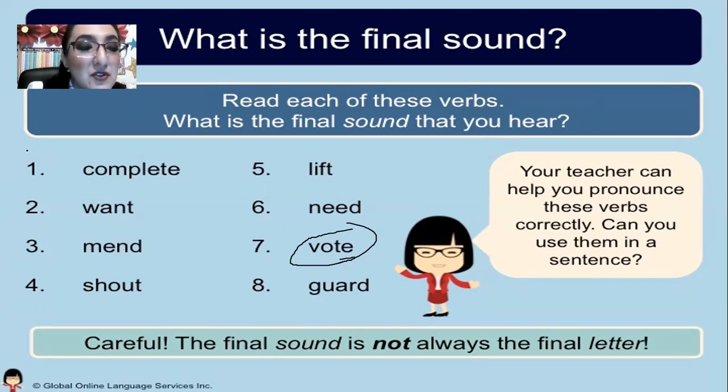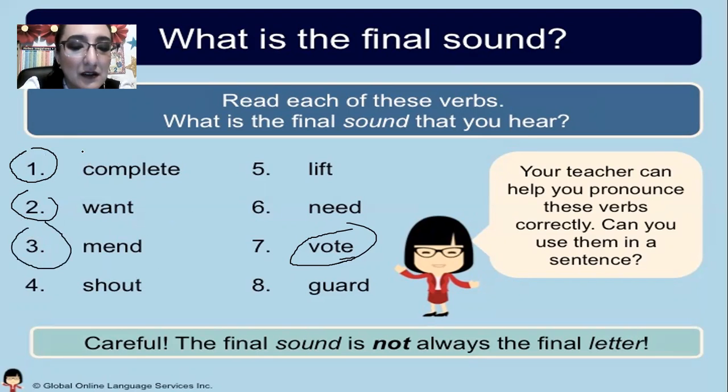Let's pronounce. The number one, what is the pronunciation? Excellent, complete. What about the number two? Okay, won't. Number three? Meant. Number four?